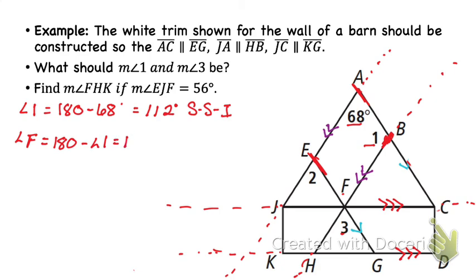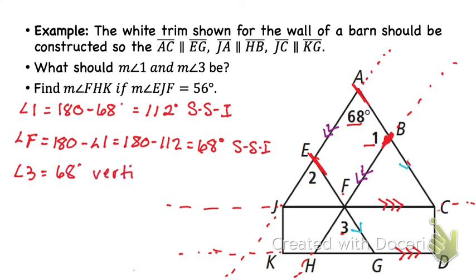So 180 minus 68, not 68. Angle 1 is 112, so F equals 68 degrees, again by same side interior. Then angle 3 also equals 68 because it is vertical with angle F.